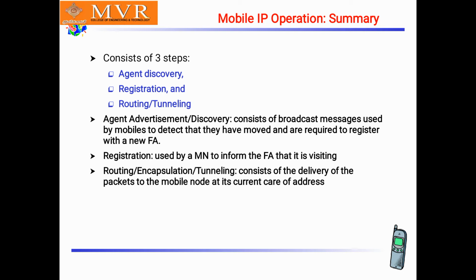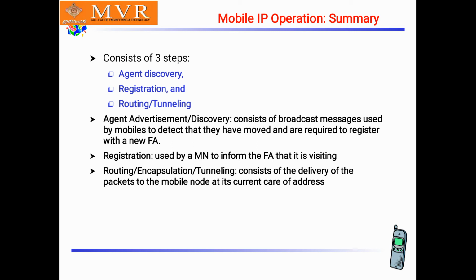The agent advertisement or discovery consists of broadcast messages used by mobiles to detect that they have moved and are required to register with a foreign agent. The registration is used by the mobile node to inform the foreign agent that it is visiting.